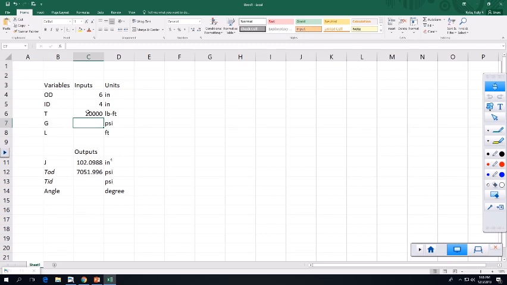Then my G, I'm going to input my G right away. We said that G from the problem was 12 and 6 zeros, and then I'm going to put the 15 feet in here. So now let's do the ID, torsional shear stress.